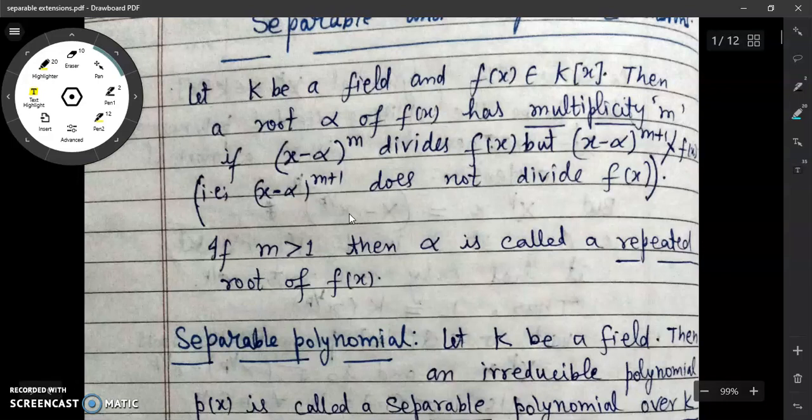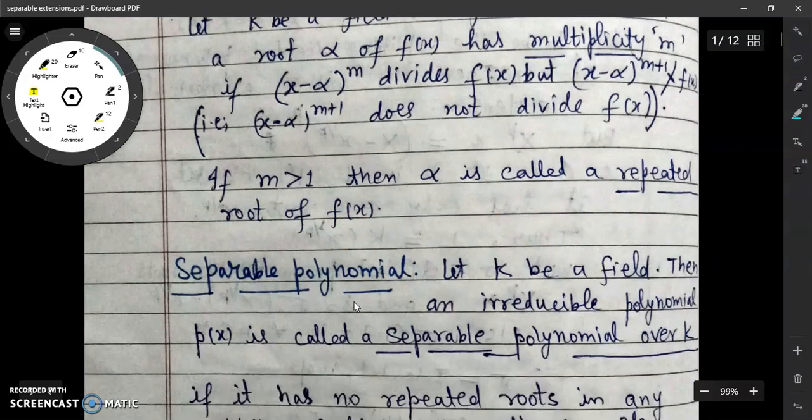It means x equal to 1 is a root of this polynomial with multiplicity 2. Okay. So such roots which have a multiplicity m greater than 1 are called repeated roots of the polynomial.